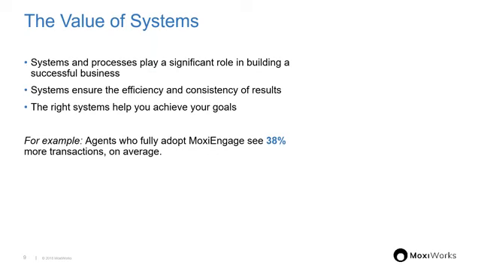What we have actually seen, in numbers that make sense here: our very first customer out of the gate, and we've seen this number improve over time, by changing this methodology, by having coaching by their managers, by having that investment from the top down, and then really working the MoxiWorks system, saw a 38% increase in their transactions on average across the entire brokerage.